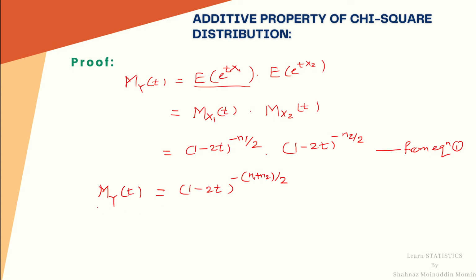By observing this expression, we conclude that this is the MGF of a chi-square distribution with degrees of freedom n1 plus n2. Hence, by the uniqueness property of MGF, we conclude that y equal to x1 plus x2 follows a chi-square distribution with n1 plus n2 degrees of freedom.